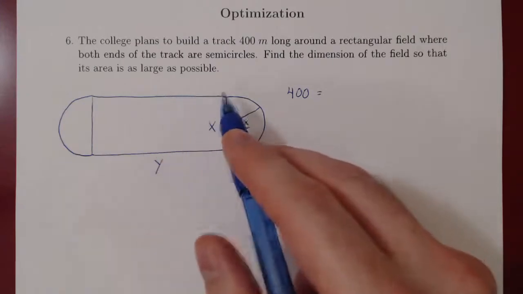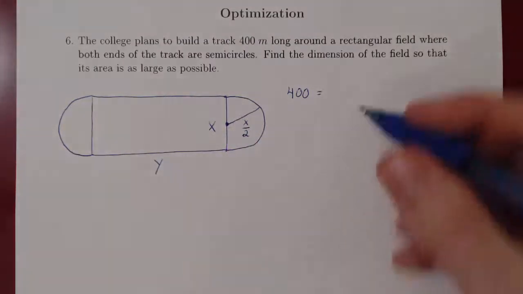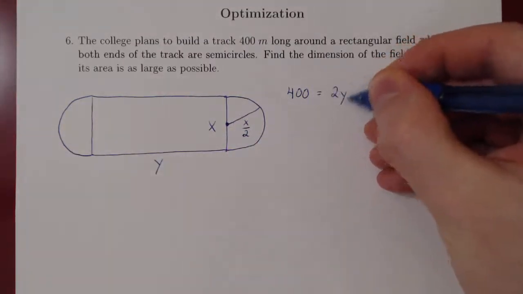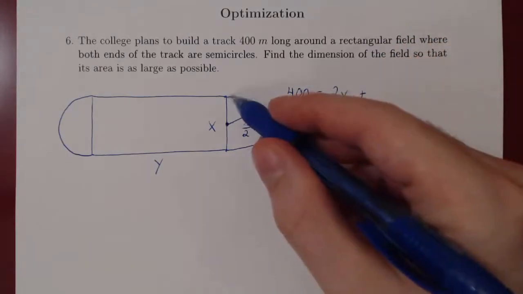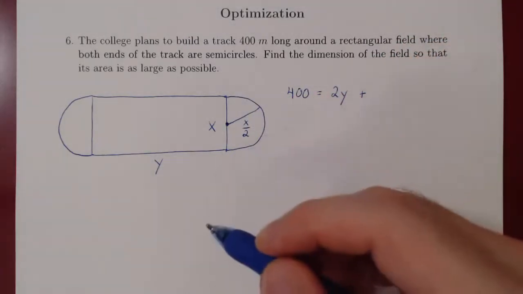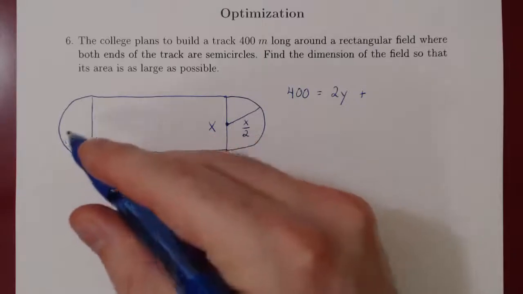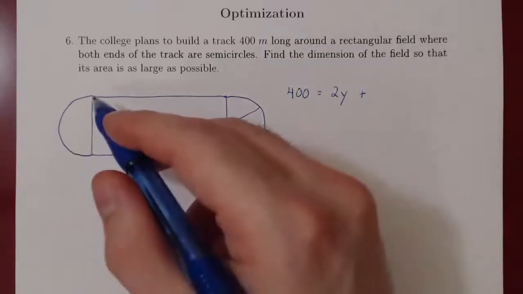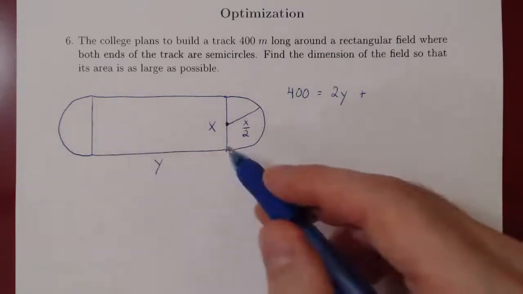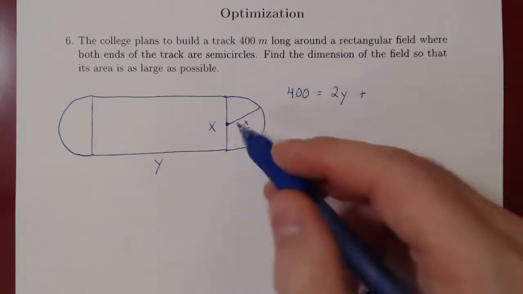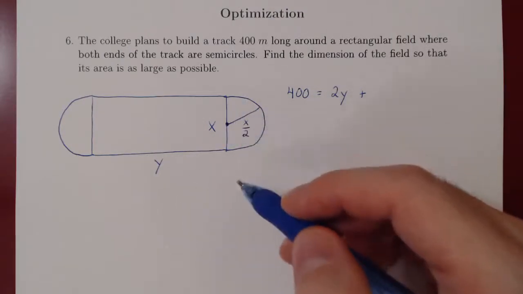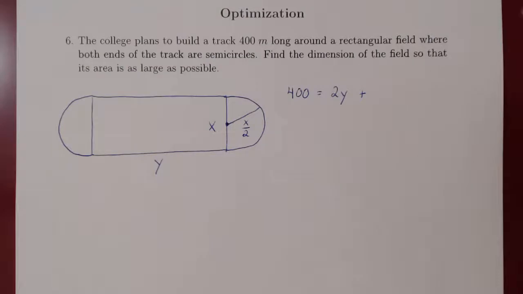There's this part and this part, so it's twice y, plus this semicircle plus this one. But if you combine the two semicircles as they're equal, they will give you exactly the perimeter of a circle of radius x over 2.